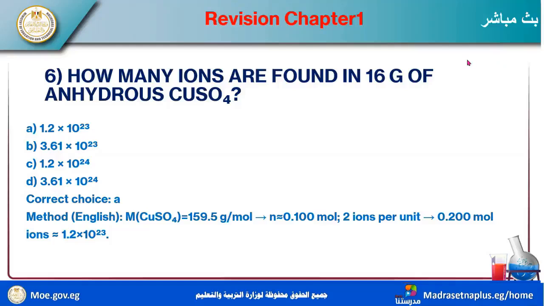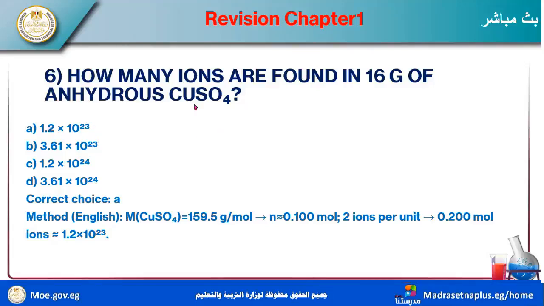So the number equals 0.1 moles. So we have 2 moles of ions times 0.1 times Avogadro's number. The answer is A, 1.2 times 10 power 23.